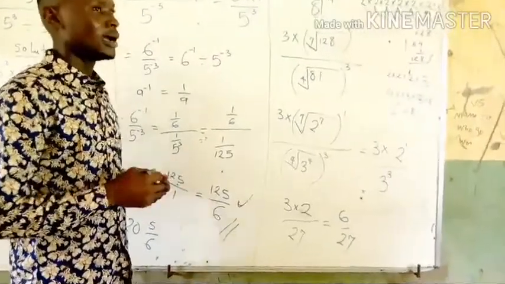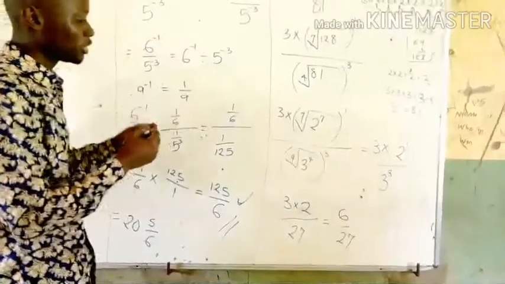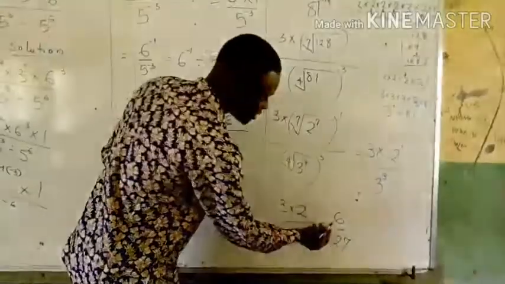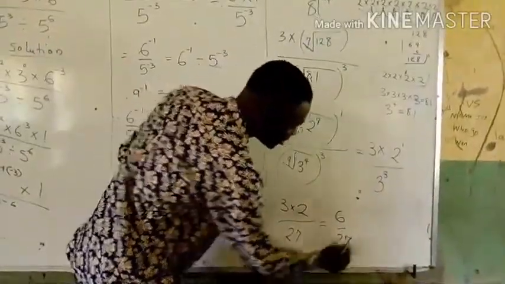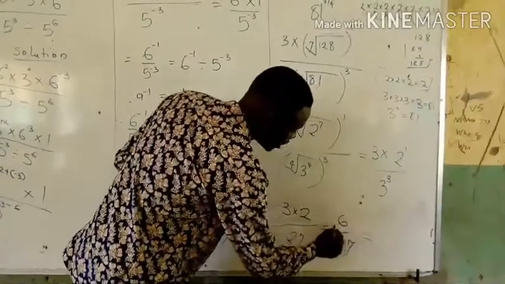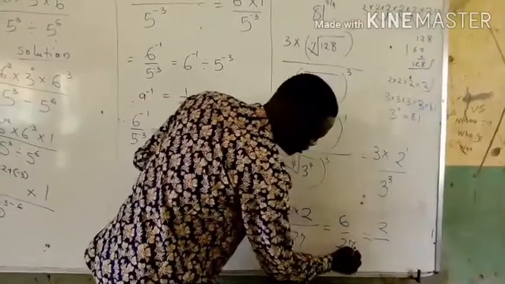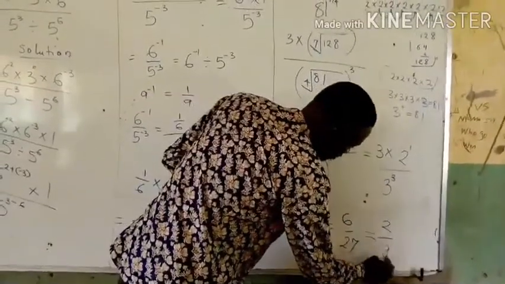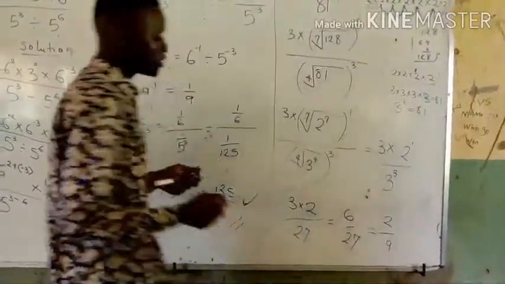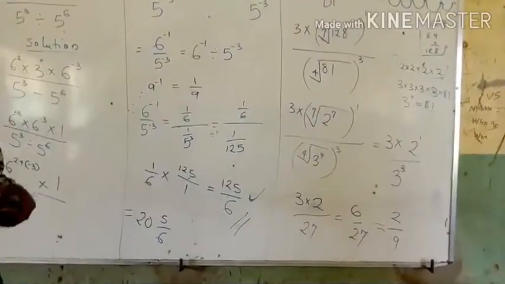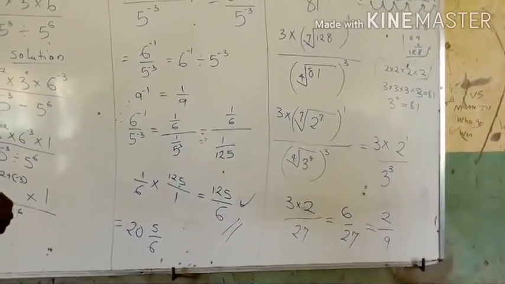First, we can simplify this to the lowest term. When we say 3 here and 3 here to give us 2, why 3 here to give us what? 9. So it will give us 2 over 9. We cannot simplify again. So our final answer should be 2 over 9.